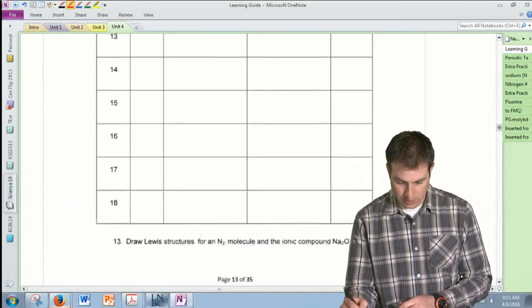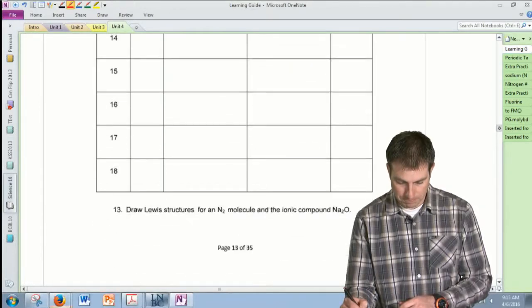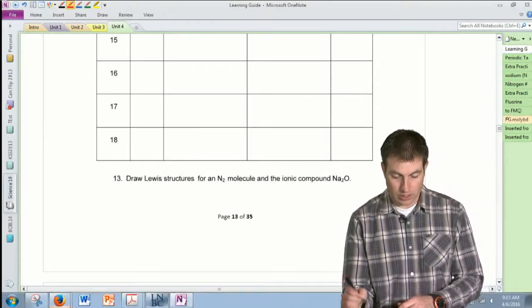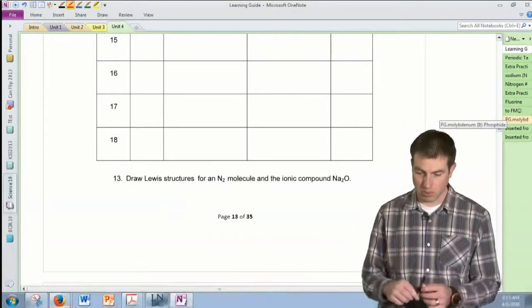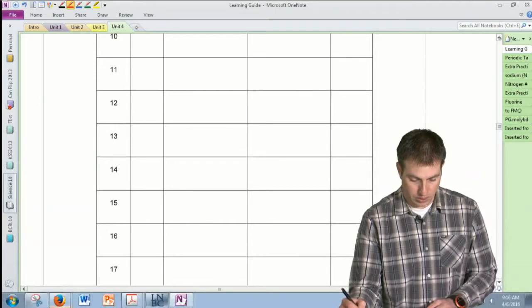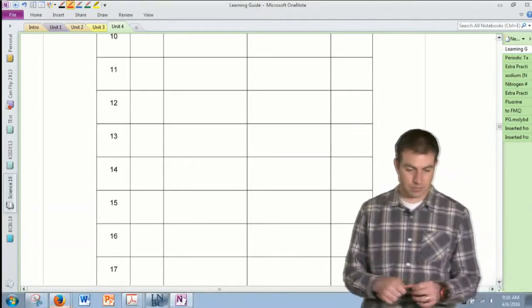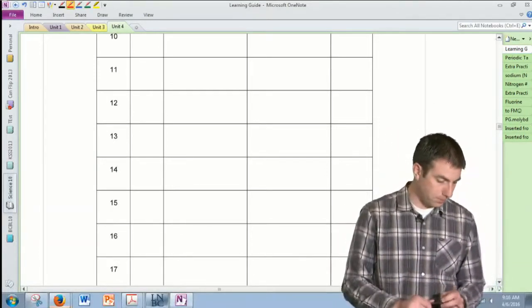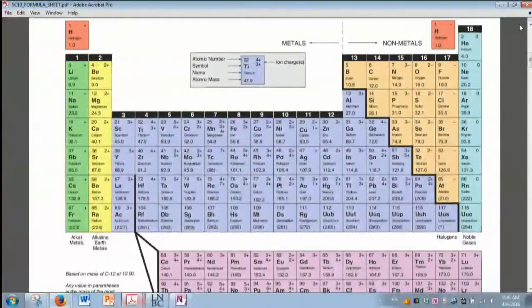A lot of people are asking about page 13, which is just a continuation of the table from above. So you're just continuing on. Let's pick a few elements out of here. Let's pick element number 14, which is silicon.